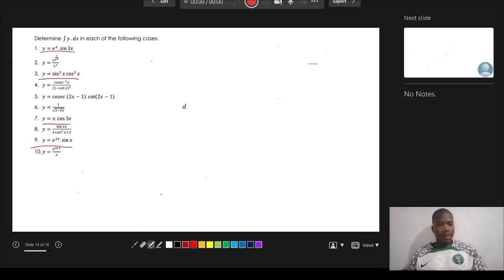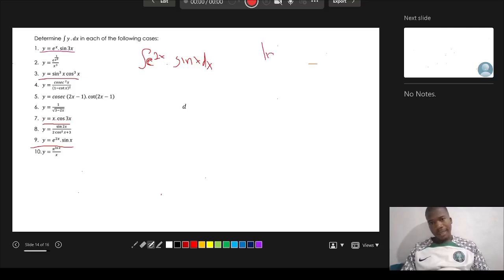So this is our final question that we'll be dealing with, which is y is equal to e to the power 2x multiplied by sine x, right? So we have to integrate the question. So we say it's the integral of e to the power 2x multiplied by sine x dx, right?